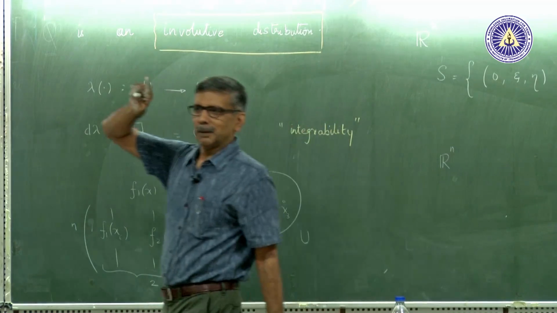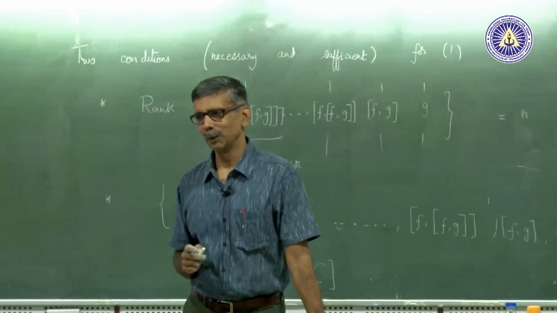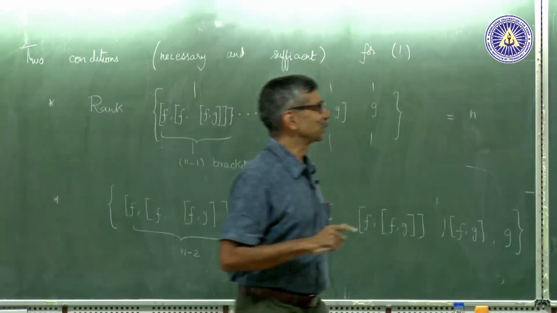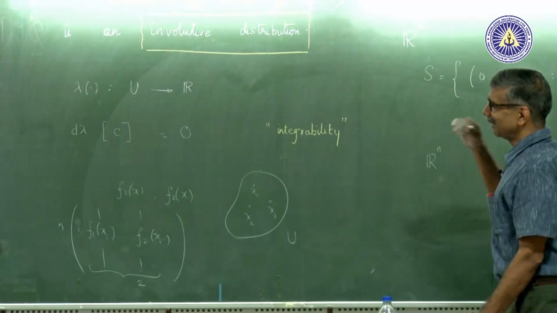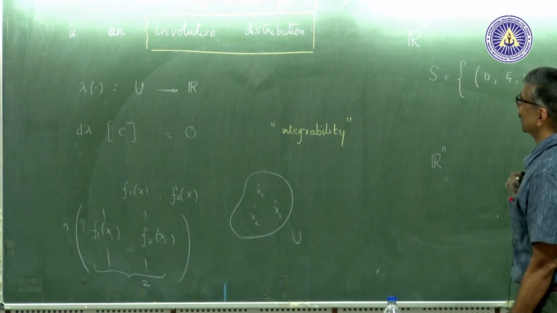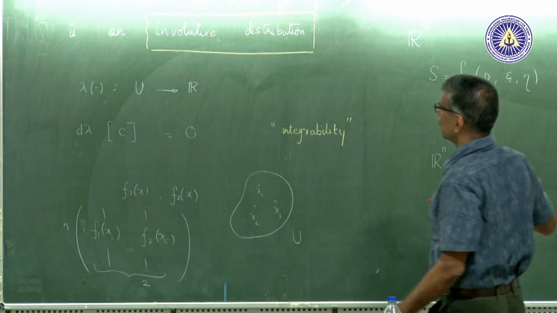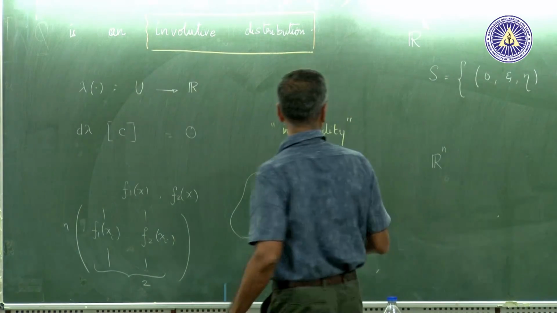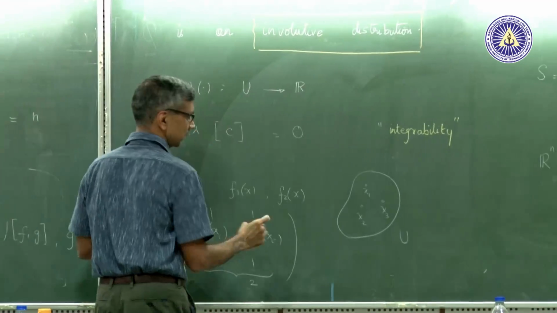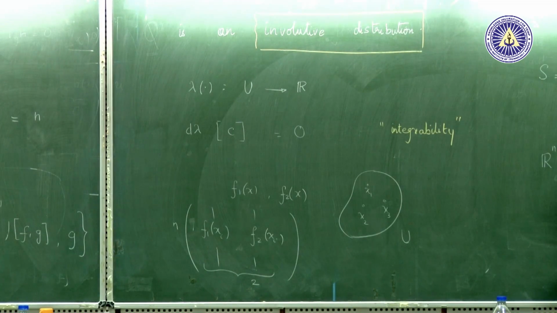But now I have something more. The distribution should be involutive. So that is the final icing on the cake. What that means is, okay, let us make it simpler. Let us take this case, a two-dimensional distribution.